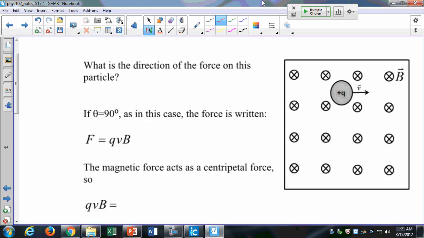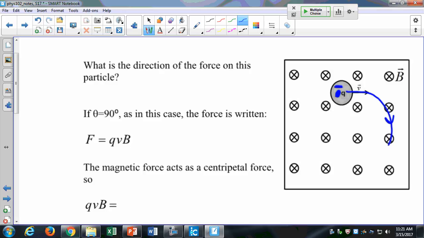So let's consider this first. I have this charge moving through this magnetic field. This charge actually is going to move in an upward direction. Well, let's imagine, though, that this is a negative charge. So instead of a positive charge, let's say that it's negative, then that charge will move in a downward direction. Because remember, with negative charges, you have to take the opposite of what the right-hand rule tells you.